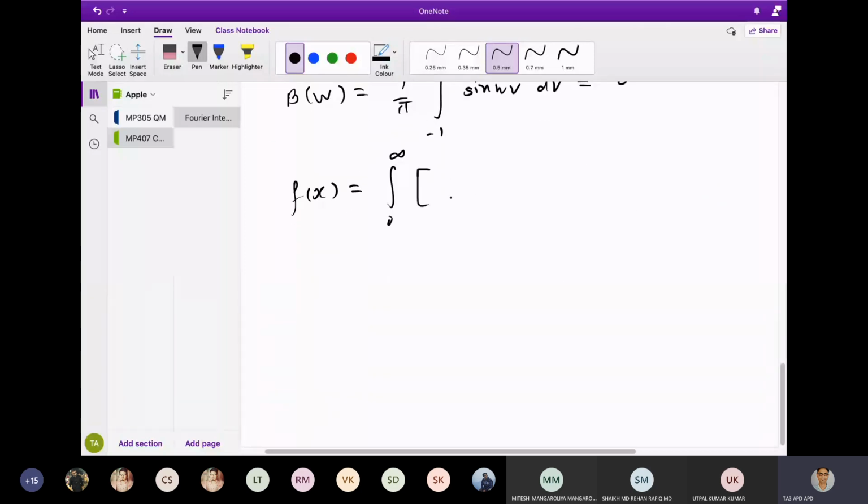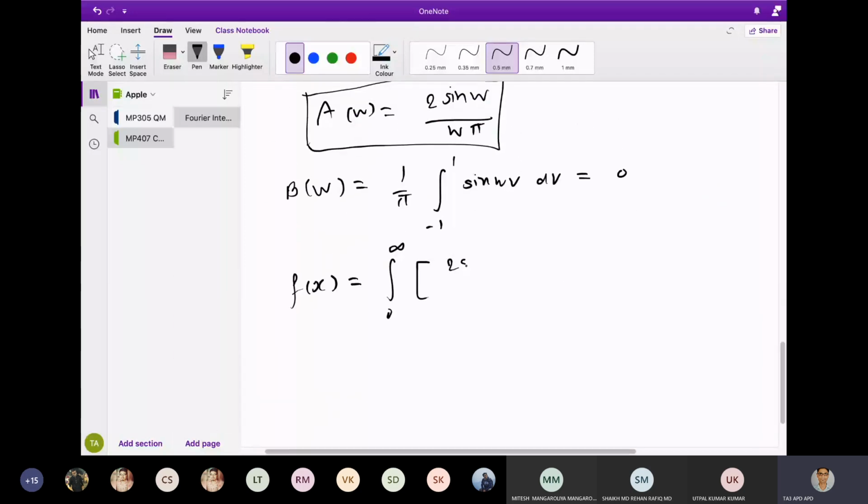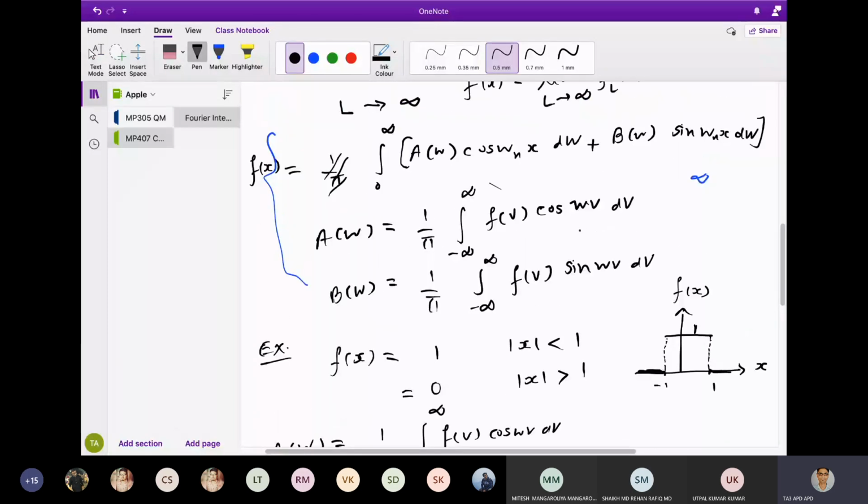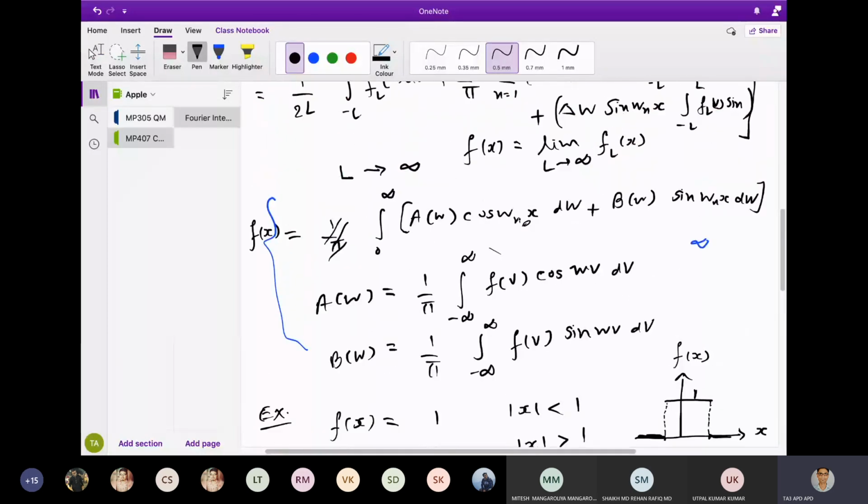So the value of A is actually 2 sine w upon w pi into cos wx dw. Actually, we need to remove this part here. The n will not remain because we have replaced it.